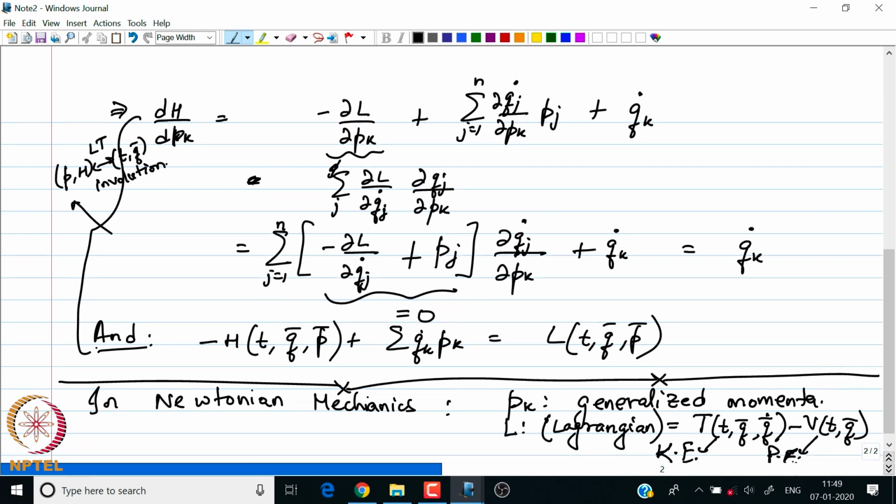So this is the kinetic energy minus the potential energy.